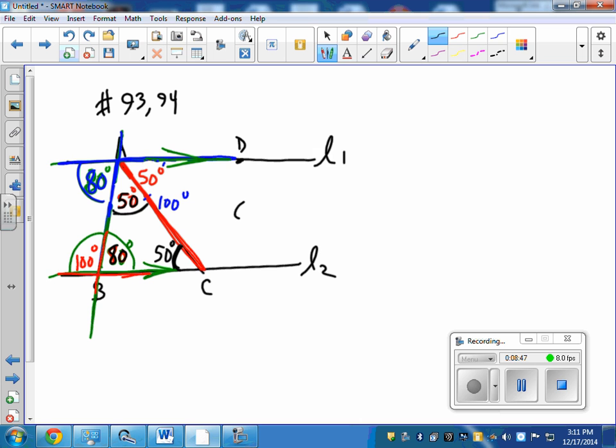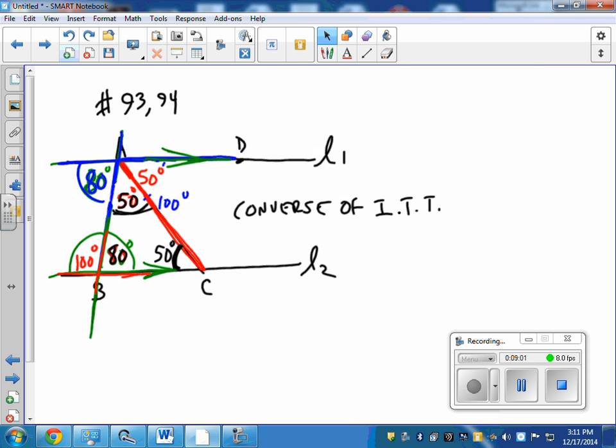So remember the converse of the ITT, isosceles triangle theorem, says if two angles of a triangle are the same, then the sides opposite them are the same. This side has got to be the same as this side down here. Okay, so two angles the same, the sides opposite are the same. This blue triangle will be an isosceles triangle. Okay, so let's go ahead and stop this one here.